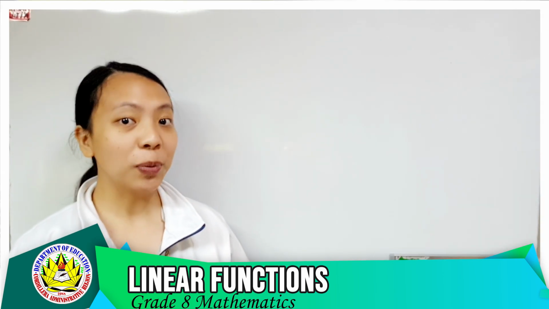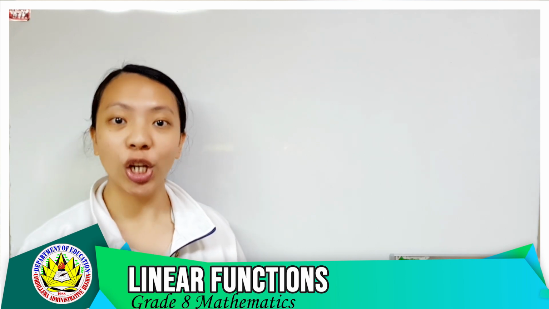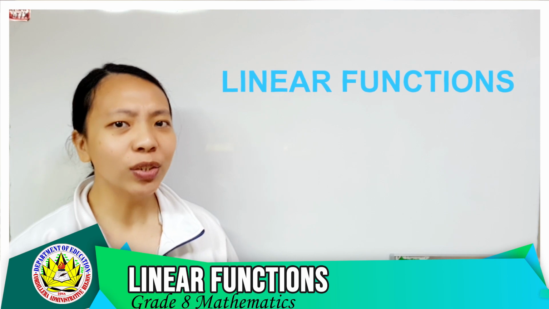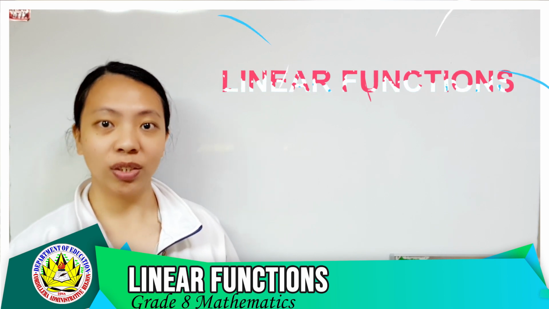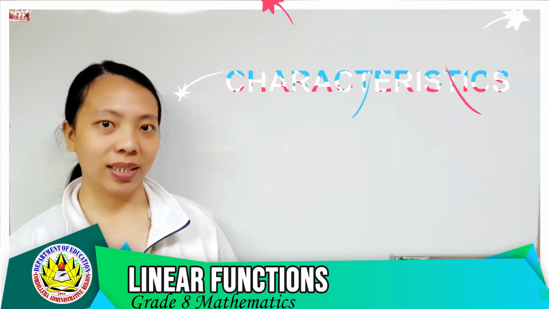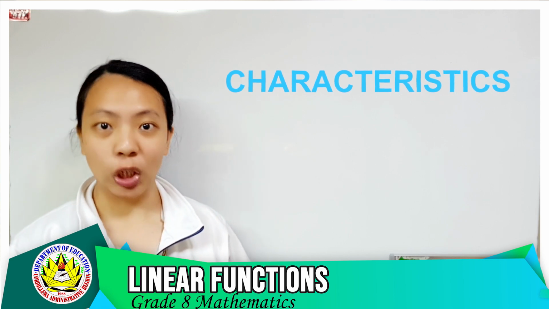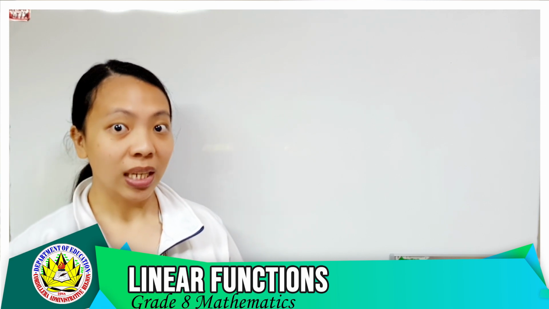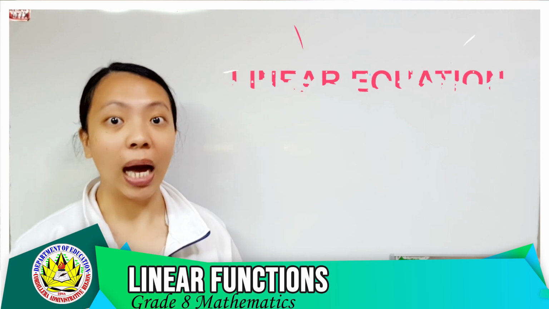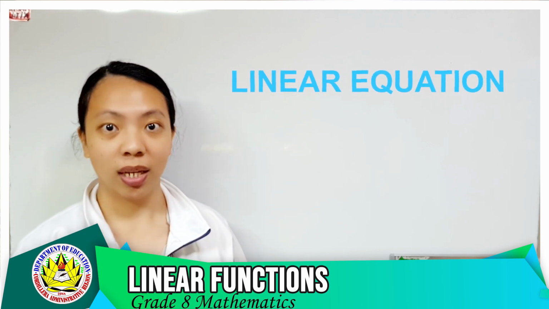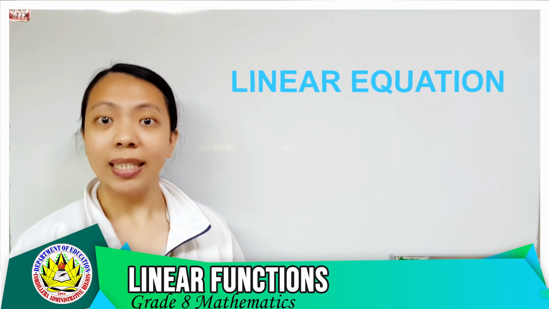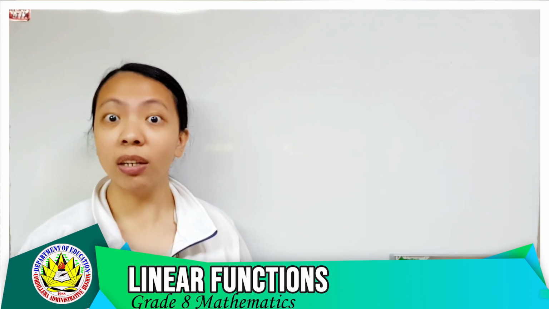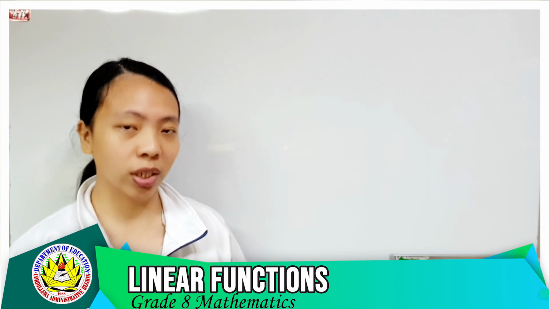Let's have a deeper understanding of what linear functions are by having some more discussions on its characteristics. It was mentioned earlier that a linear function is described by a linear equation. However, not all linear equations are considered linear functions.